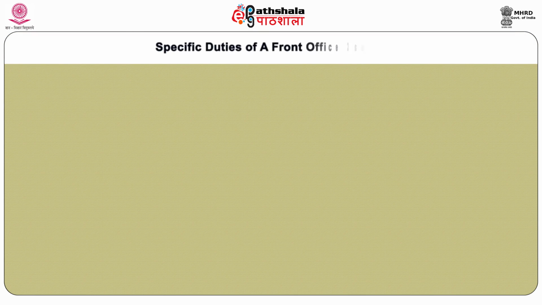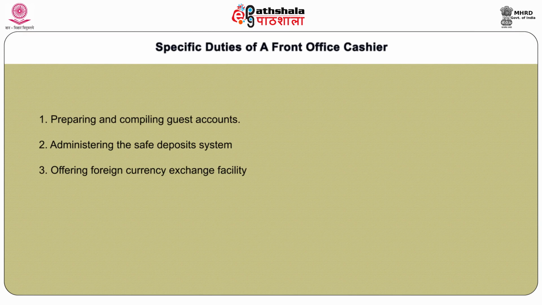The specific duties of the front office cashier are to prepare and compile the guest accounts, administer the safe deposit systems, and offer foreign exchange facilities whenever requested by the guest.